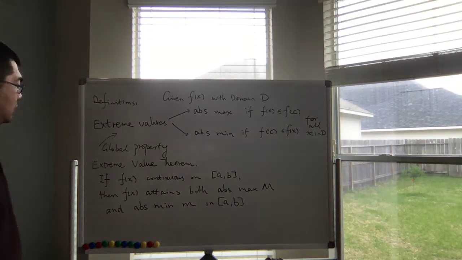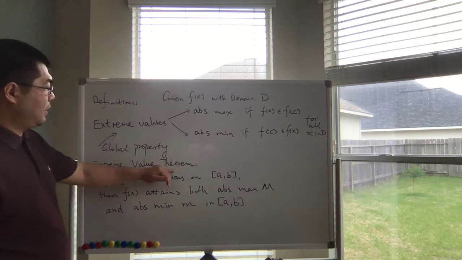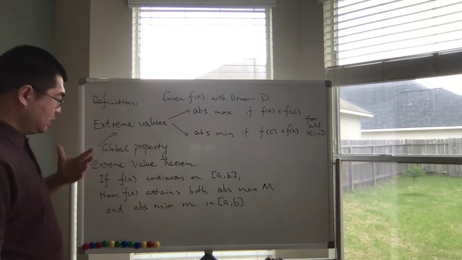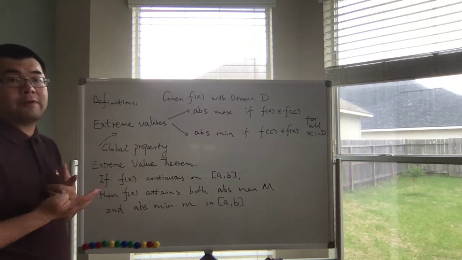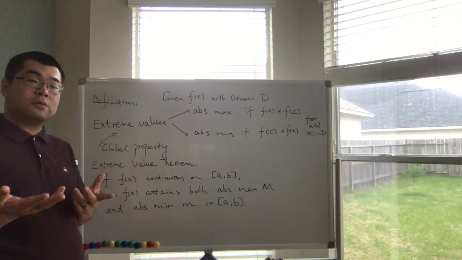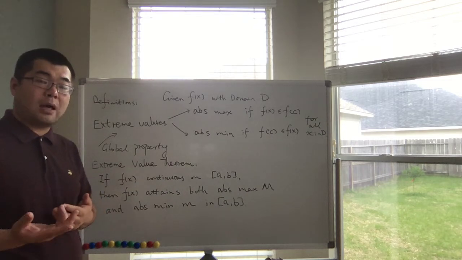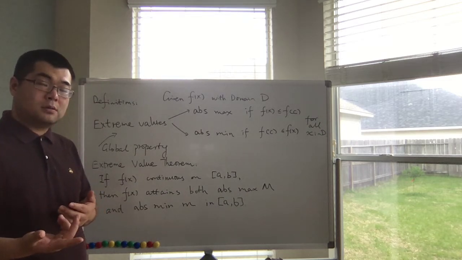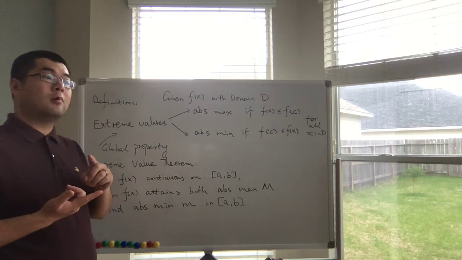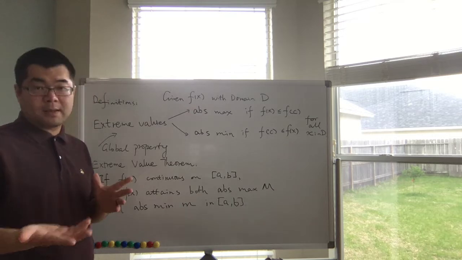Here is the extreme value theorem, and it says this: if a function is continuous on a closed interval from a to b, then f(x) is guaranteed to have at least one absolute maximum and minimum.